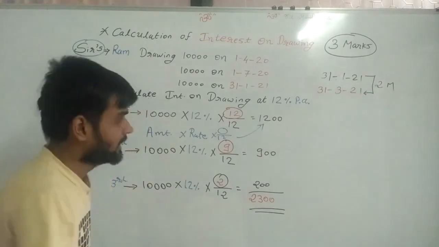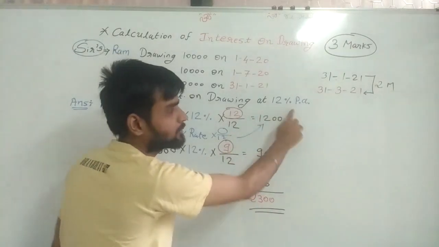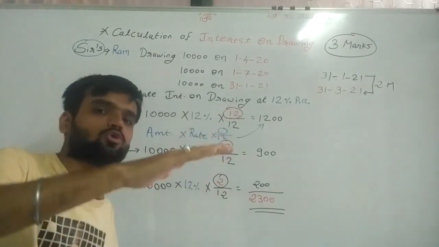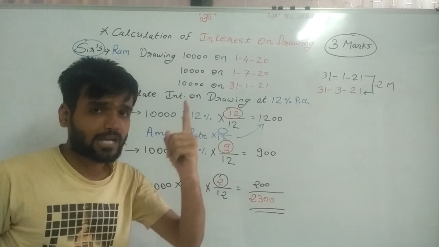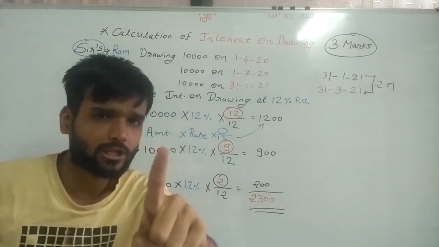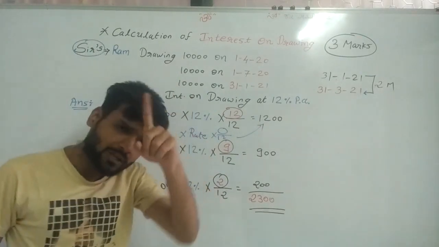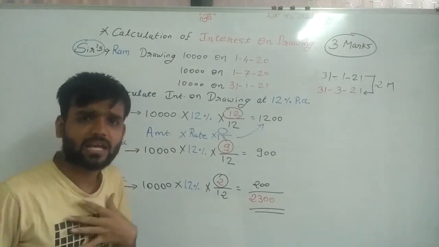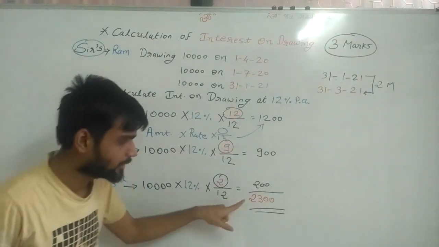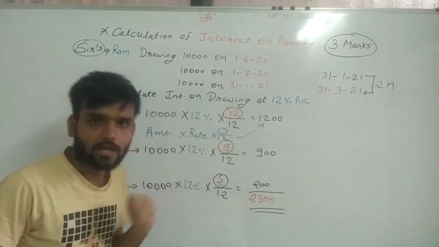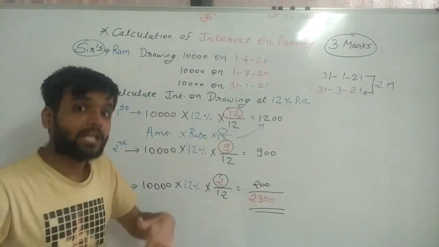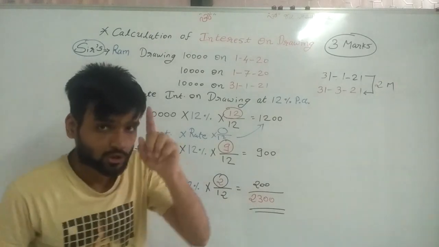Second thing, the rate of interest per annum, 12%, is also the same. Again I repeat, please try to understand: in one calculation I can calculate 2300 rupees.